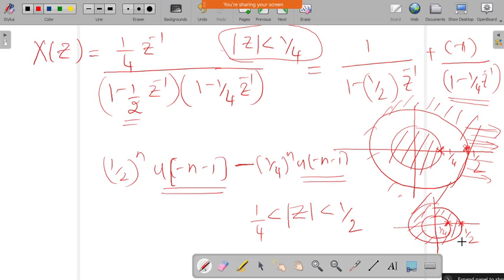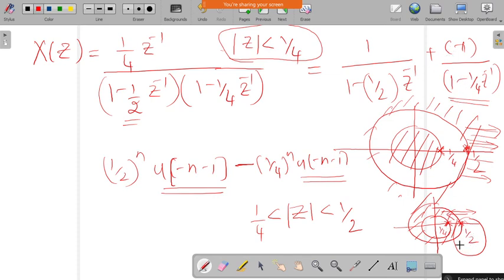Yeah, that is correct. If you take the largest value of the pole, it should be a left sided sequence. For this pole it is a left sided sequence, but for 1 by 4 it is a right sided sequence. For the pole 1 by 4 the region of convergence is on the right side, so 1 by 4 power n into u of n will come for that particular factor.